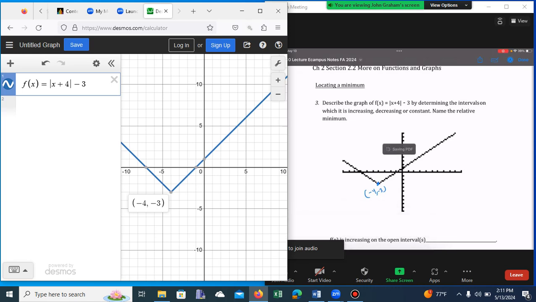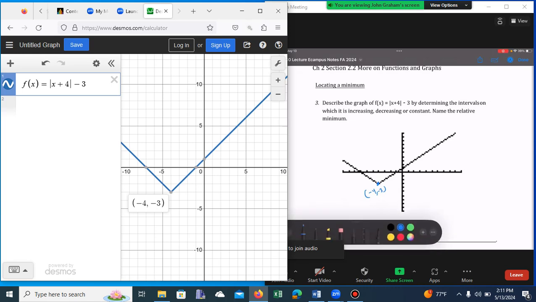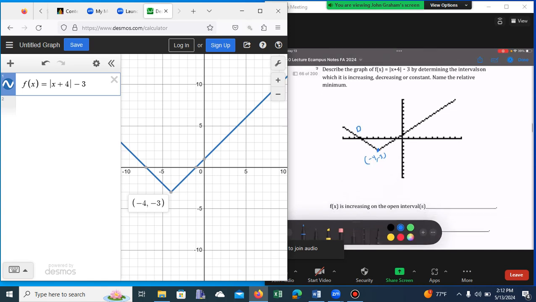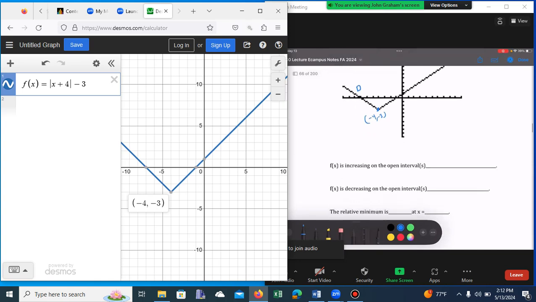So the relative minimum is your -4, -3. You're decreasing first as you go from left to right. You're decreasing from negative infinity to -4. Choose your x values. Increasing after that from -4 to infinity.